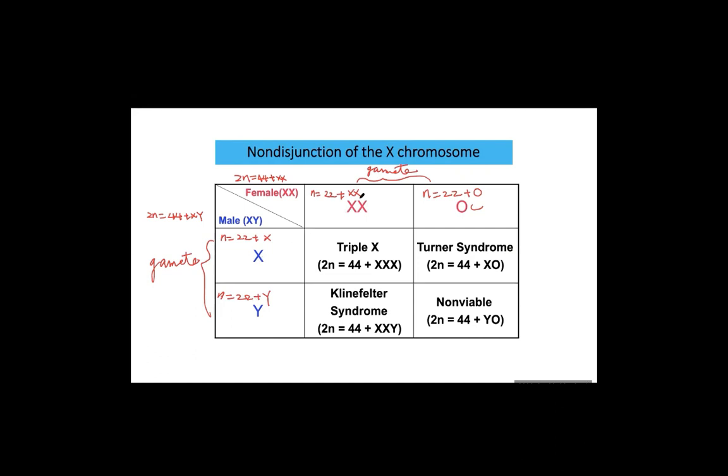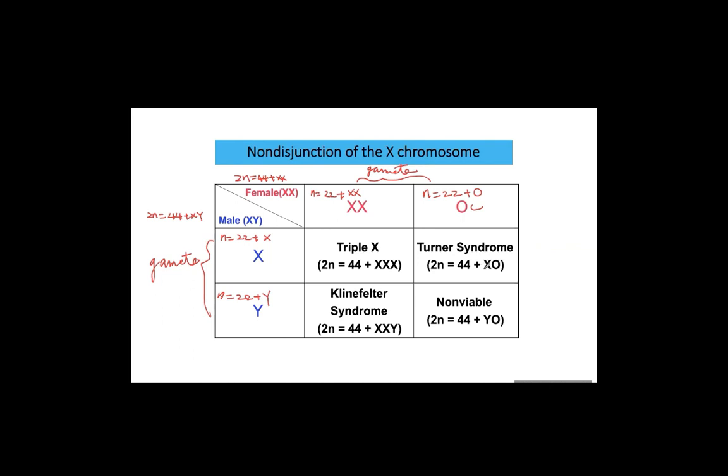When this egg and this sperm fuse to form a zygote, you just add them up: 2n equals 44 plus XXX. If this egg fuses with this sperm, you add these up: 2n equals 44 plus one X coming from the male gamete, the sperm, since the egg has no sex chromosome.